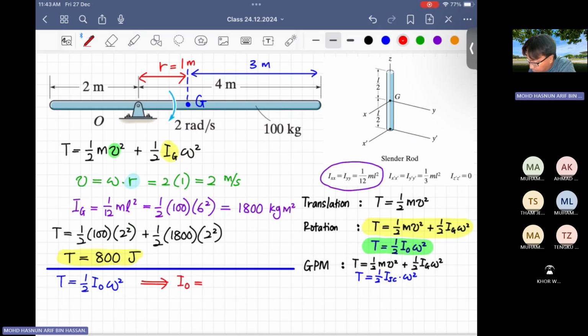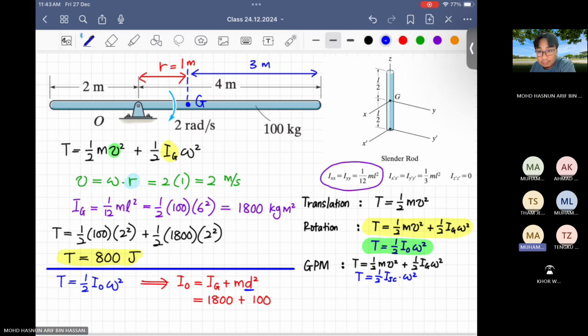IO is equal to IG plus MD square. IG we already have: IG is 1800, plus M is 100. Now, what is the value of D here? D, as I said, is the distance.